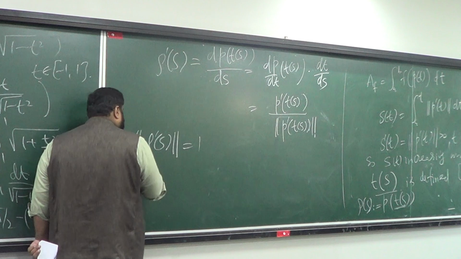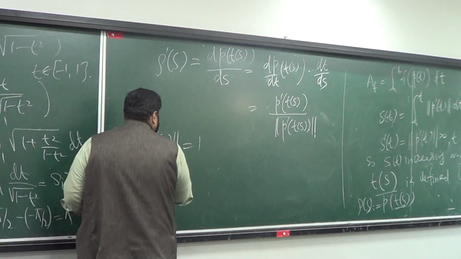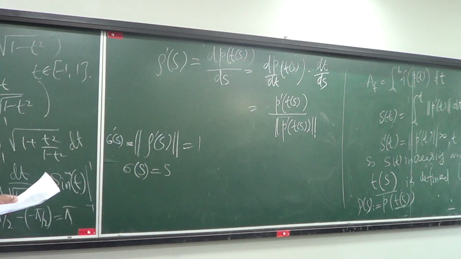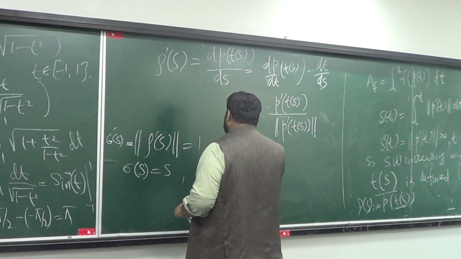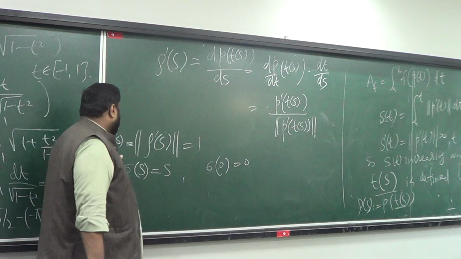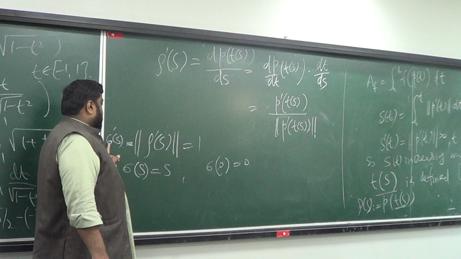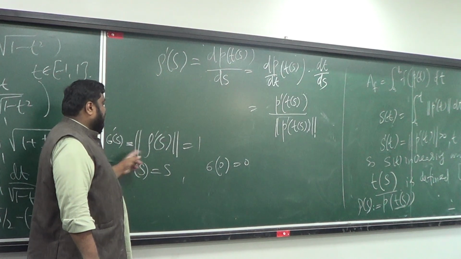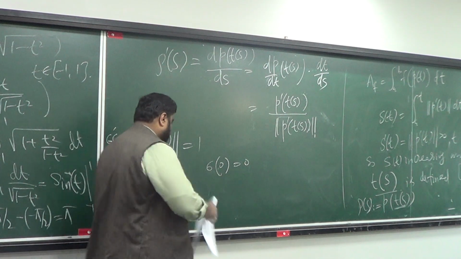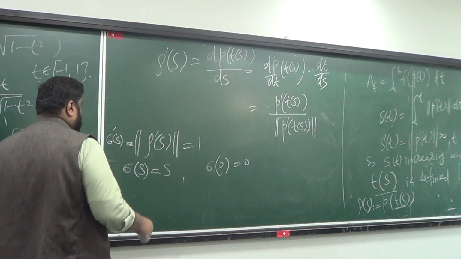Then what can you say about sigma of s? It must be s. It will integrate with respect to s. Okay? Since we can see that sigma of 0 is 0, because by definition rho of 0 is 0.